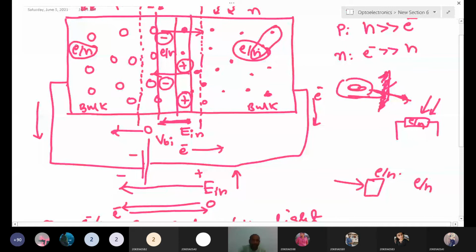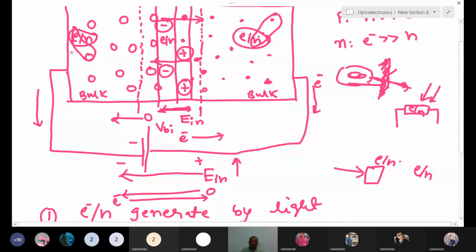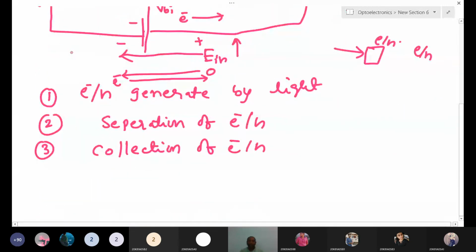So that's why we are connecting reverse bias and drifting the electrons and holes, and we are collecting these charge carriers. Okay. Now, finally, we have generated electron holes by light. This is done. First step is done. Second step is also done, by separating electron holes by internal electric field. With the internal electric field, we are drifting minority carrier electrons and holes.